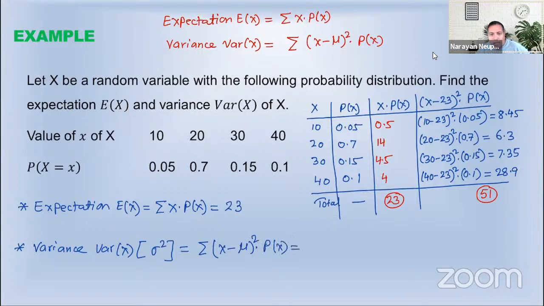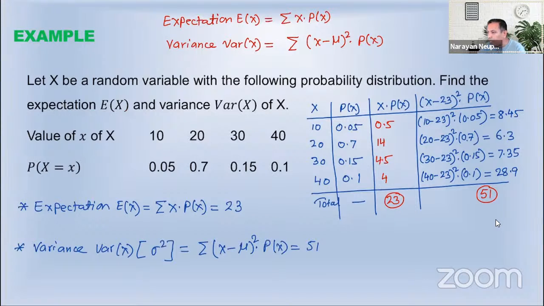And if we add all that, we'll get 51. So in this case, the variance is 51. If you are asked to find the standard deviation, then you'll take the square root of this. This is not asked here, but if you are asked, you'll take the square root of this one and you'll get 7 point something.